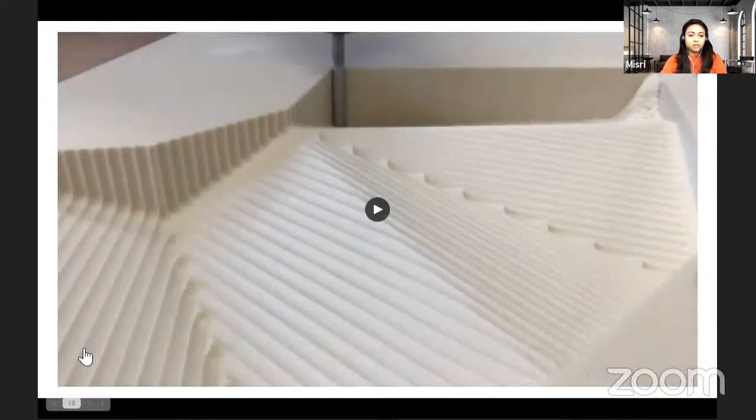So what's really happening here is that we're trying to mill out all the corner edges, because once you start milling something like this, it enters the material.